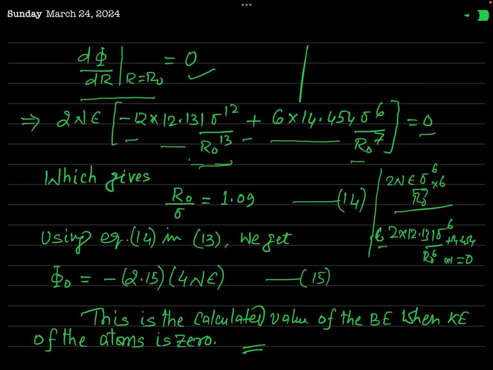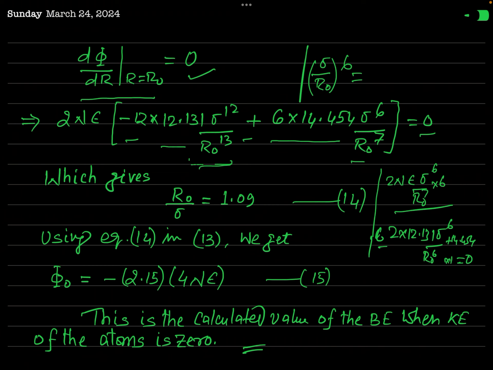So from here you can easily find the value of σ over R naught to the power 6.